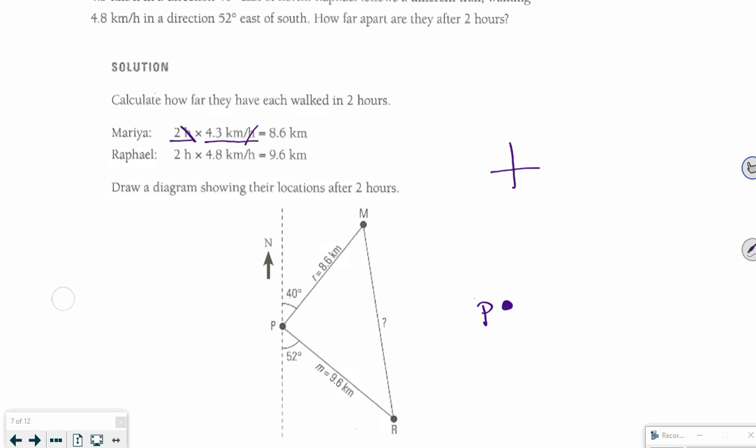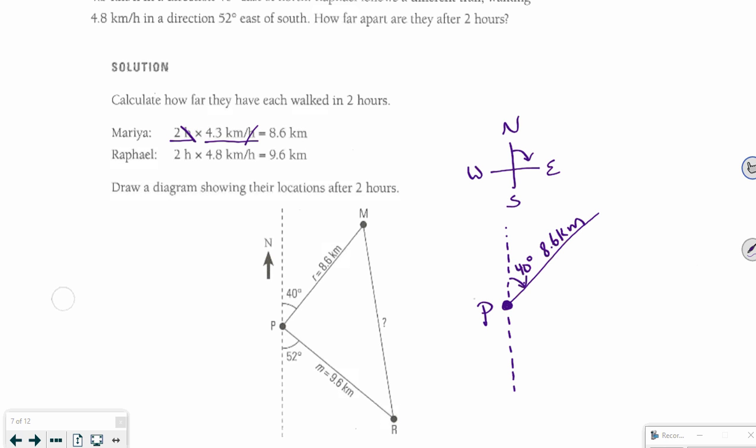So when you look at your directions, it means that she's going from the north 40 degrees towards the east. So if I had my north-south line, she's going this way, 40 degrees east of north. So her line is 8.6 kilometers.